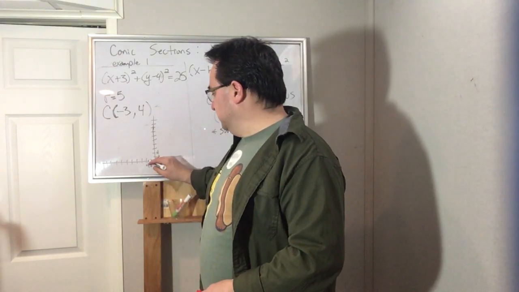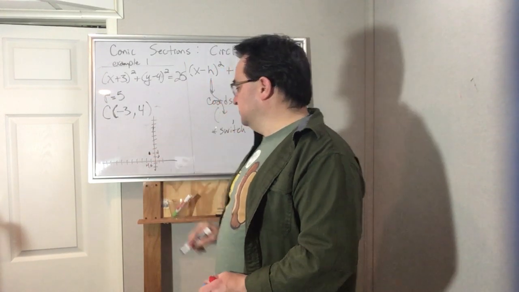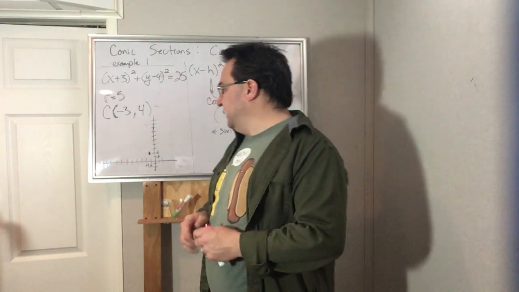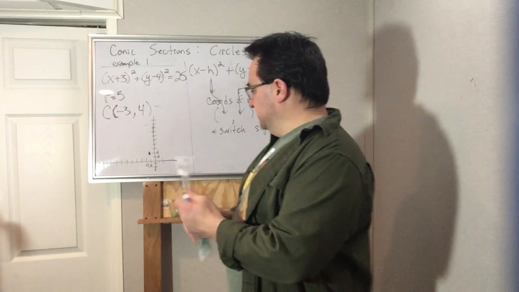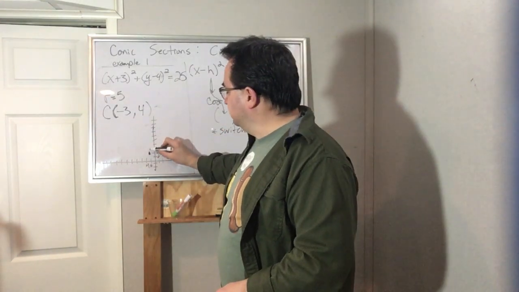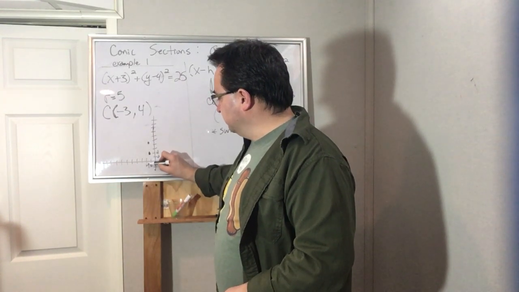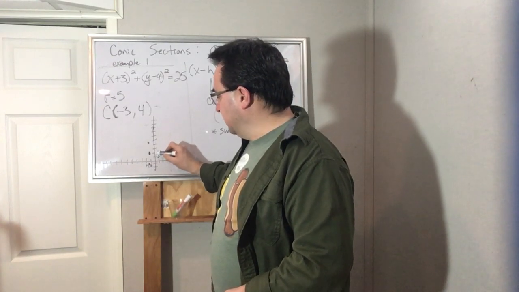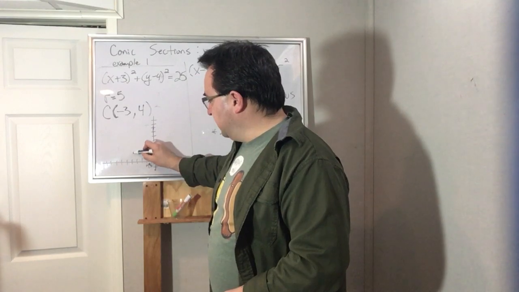So if I go back 3 and up 4, that would be the center. And then what I do for the radius is go left, right, up, and down, however far the radius is. So I'd have to go up 5, and my scale's by 2s now. 2, 4, 5 up, 2, 4, 5 down, 2, 4, 5 left or right.